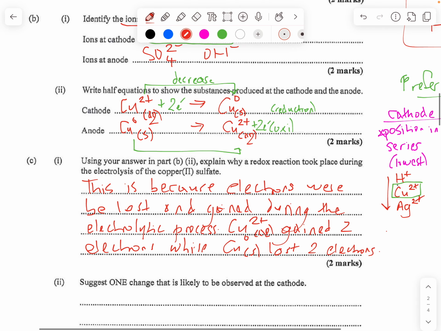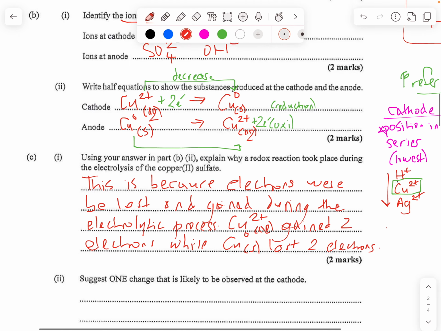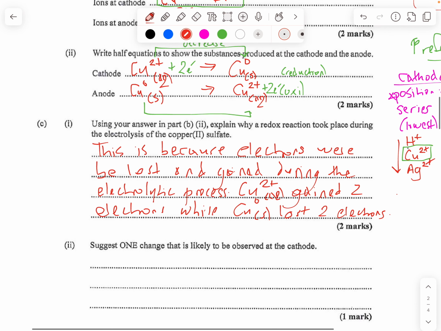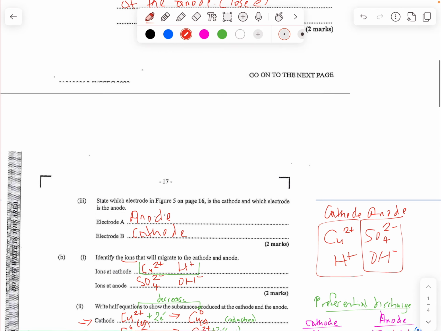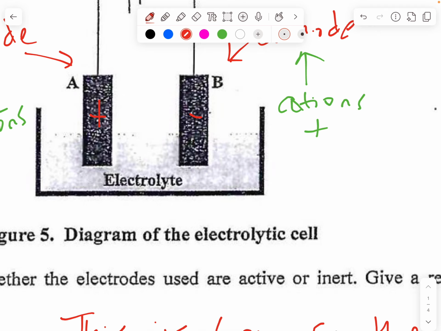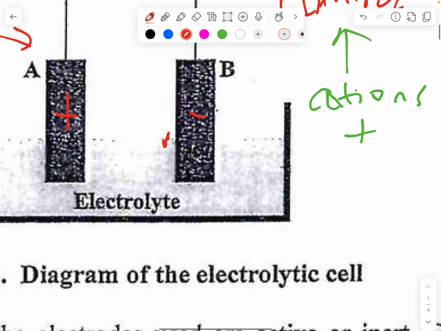Alright, now we're almost finished. So just one change that is likely to be observed at our cathode. Now notice that at our cathode it gained electrons, right? So our cathode gained electrons and it became neutral, which means that we're going to form some solid copper on the cathode.